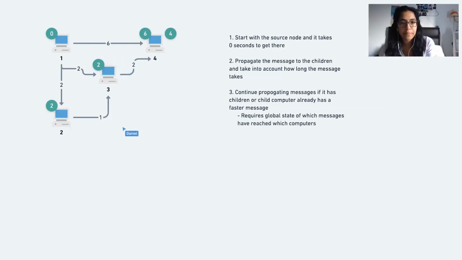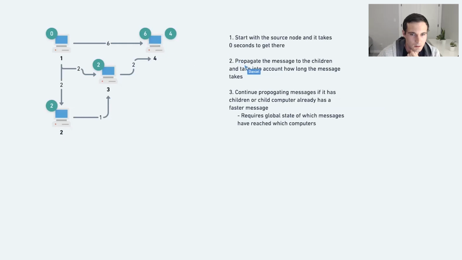And then in this case, one more thing is if there already is a message there, but it's longer, then we want to override it, to replace it, basically. Okay.